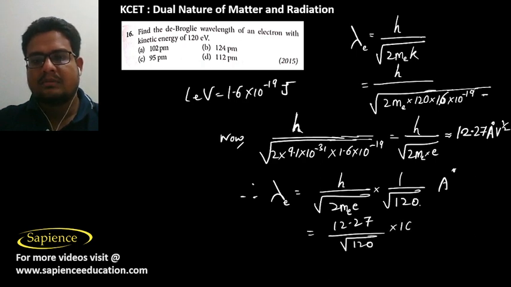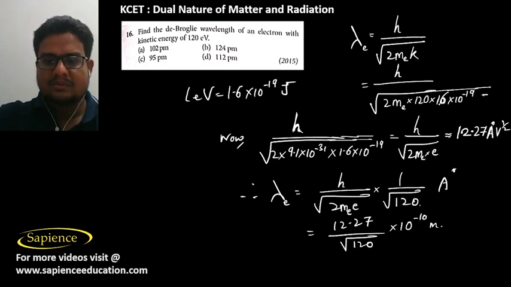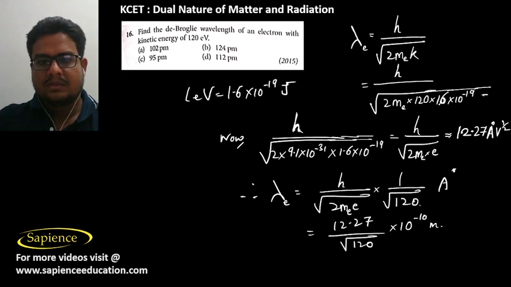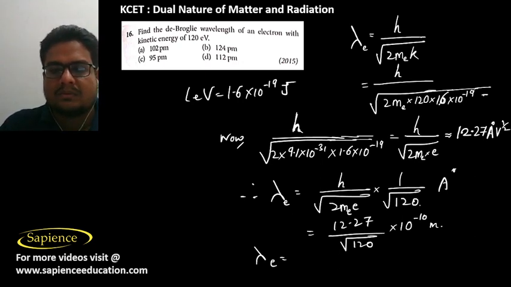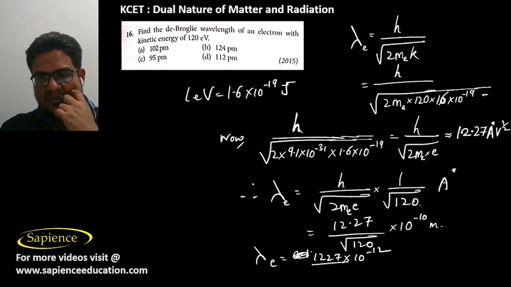This is the approximate wavelength of the electron, which I can write as 0.1227 into 10^-12 divided by root over 120.